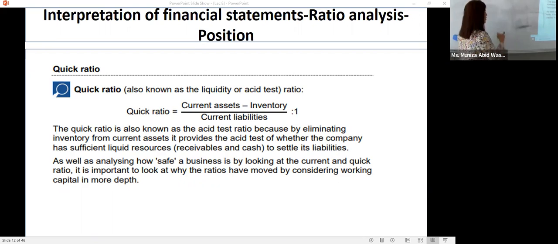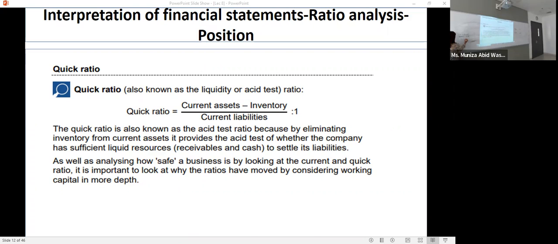Say, for example, the organization has current assets of 1,000, an inventory of, say, 800, and current liabilities of 700. What would be the current ratio?